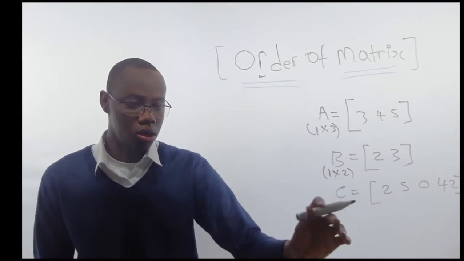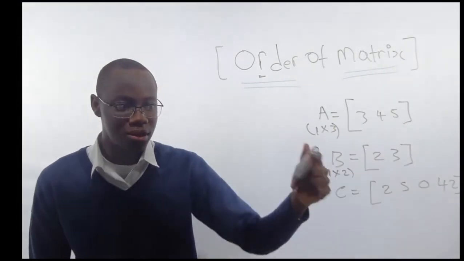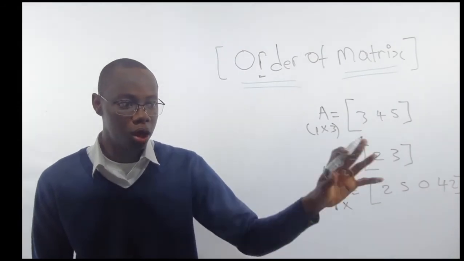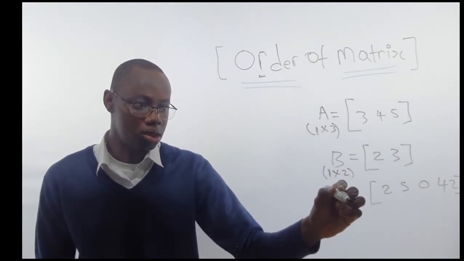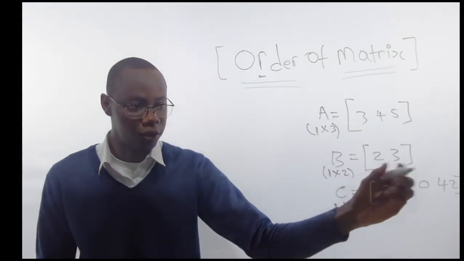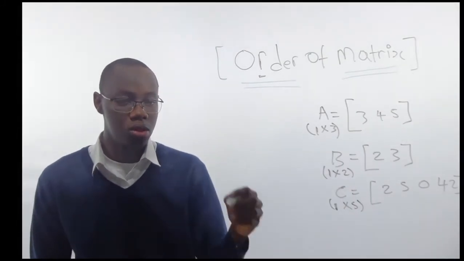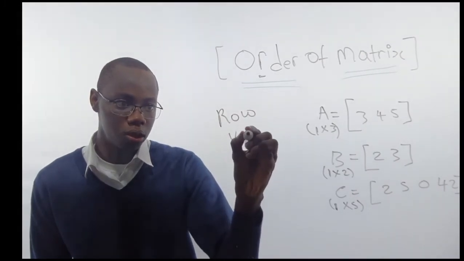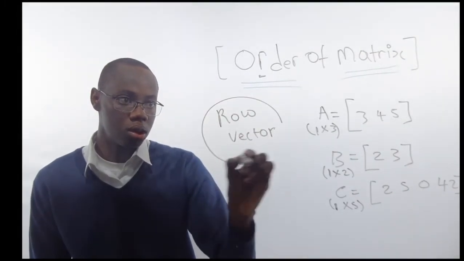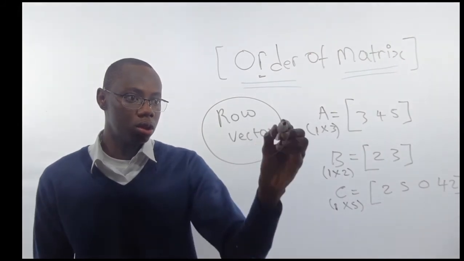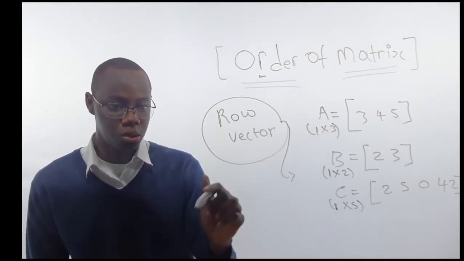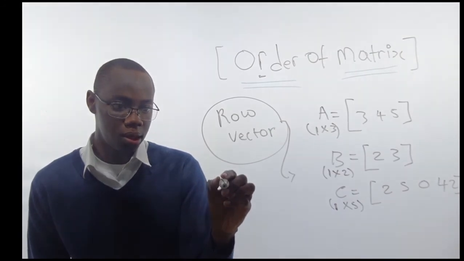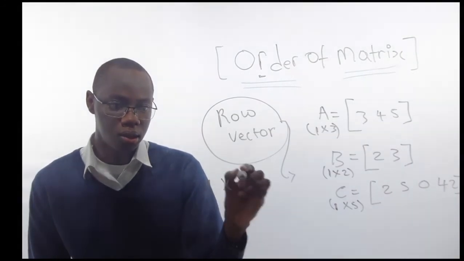Don't worry about the length; as long as it has just one row and any number of columns, let's just say 1, 2, 3, 4, 5, this is 1 by 5, it is called a row vector. As you can see, all these ones here are called row vectors because they have just one row, just one m by any number of n.